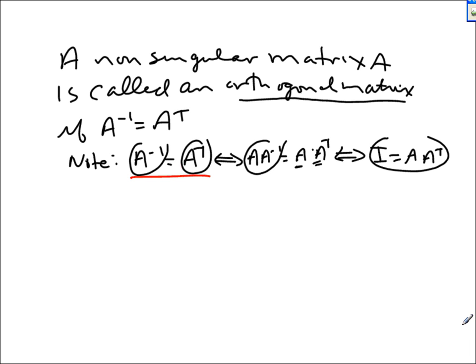But that's the same as, if and only if, A times A transpose equals I. So if you have a matrix and you notice that A times A transpose is I, you say, oh, this is an orthogonal matrix. I remember that guy talking about it.